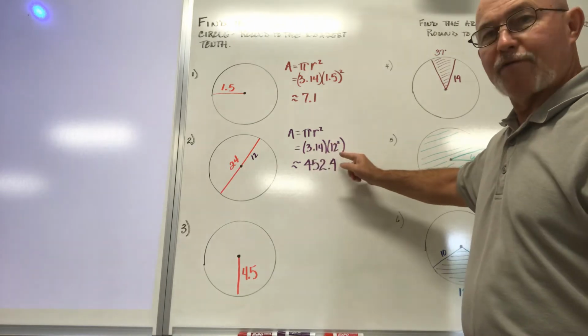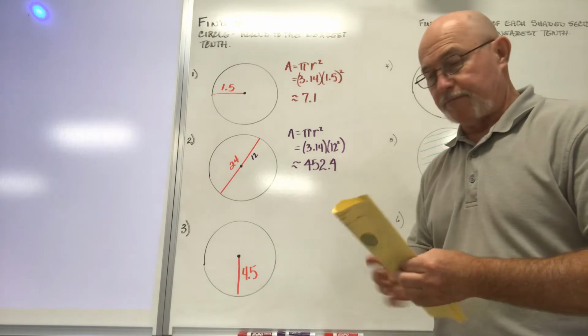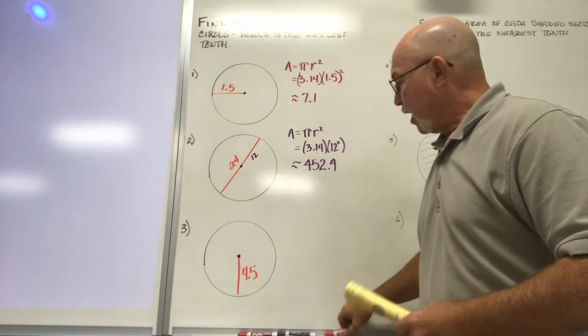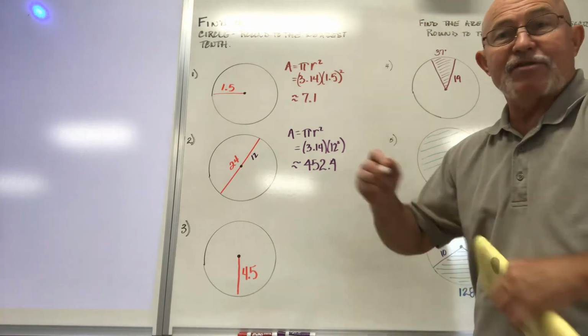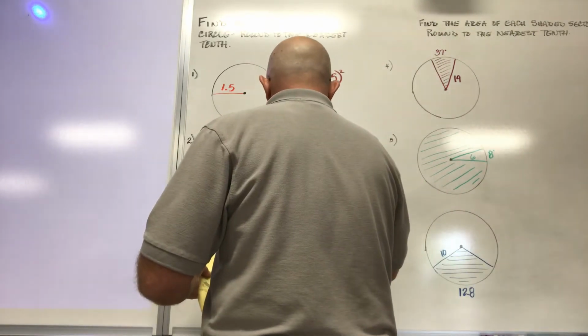3.14-ish times 12 squared is going to give us approximately 452.4. And our last one, 4.5, is given to us as the radius. We start with the area formula again.